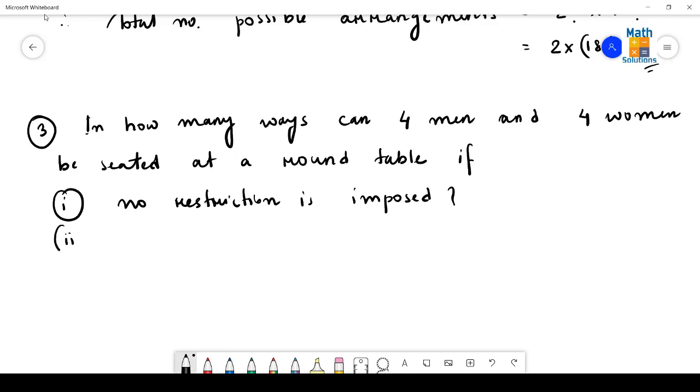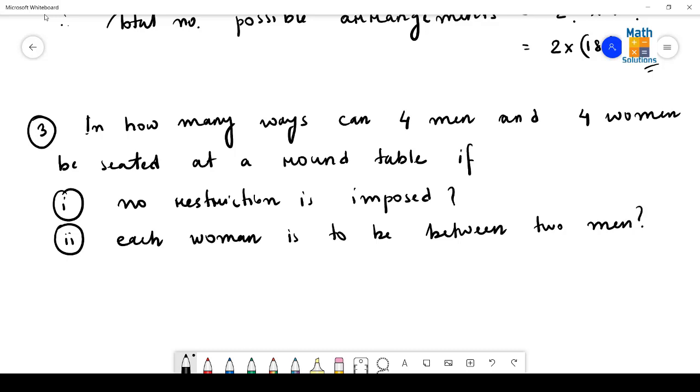Then the second question is each woman is to be between 2 men.